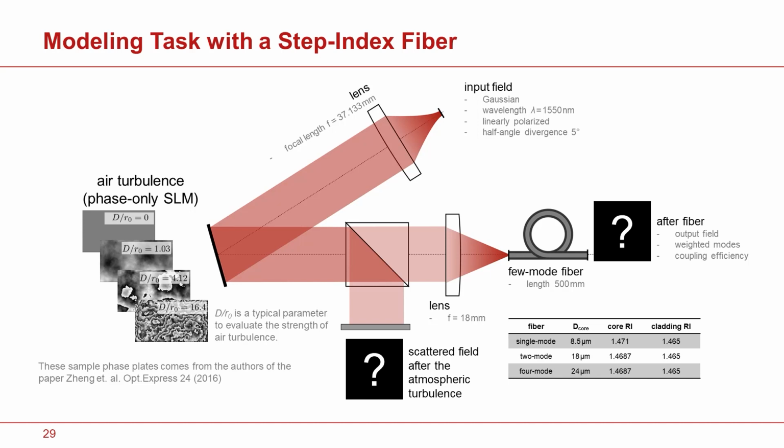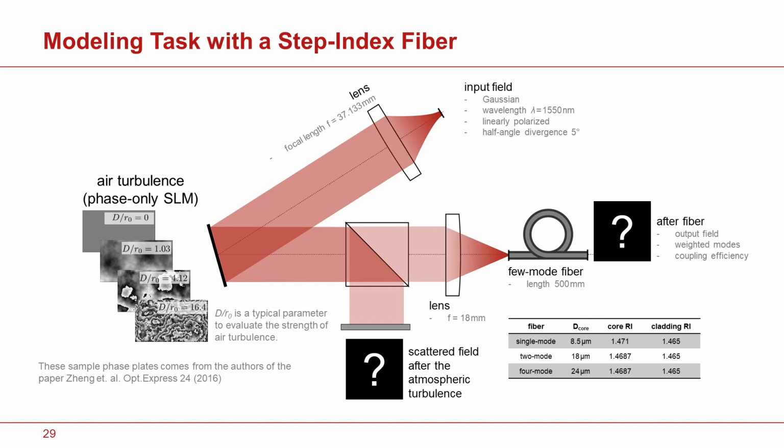And as we can read on the slide, d/r0, that parameter, is a typical way of evaluating the strength, the magnitude of that atmospheric turbulence. And we try with different values of that characteristic parameter.